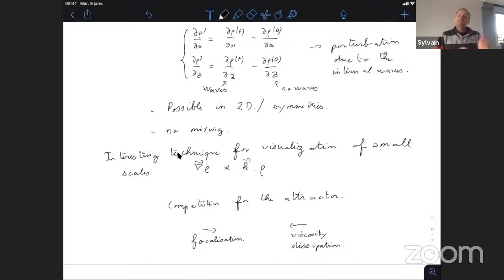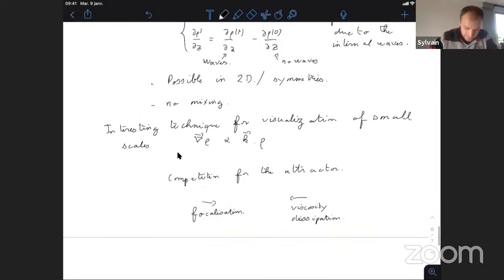And looking at the Navier-Stokes equation, the dissipation is stronger at small scales. And small scales will dissipate more than large scale. And this is what will limit the focalization and why the thickness will be finite. It's due to the viscosity.